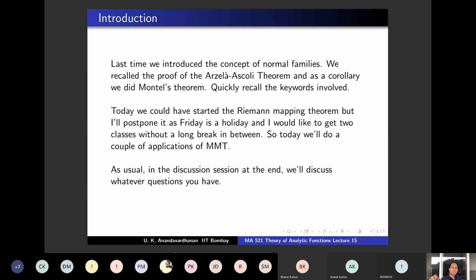As usual in the discussion session at the end, we will discuss whatever questions you have, and you can also tell me what you would like to do for the midsem. My own feeling is, all this proctoring using video camera and all that, it's too complicated. So maybe we will skip the midsem. If you're also comfortable with it, we can have a number of assignments using Google Forms.